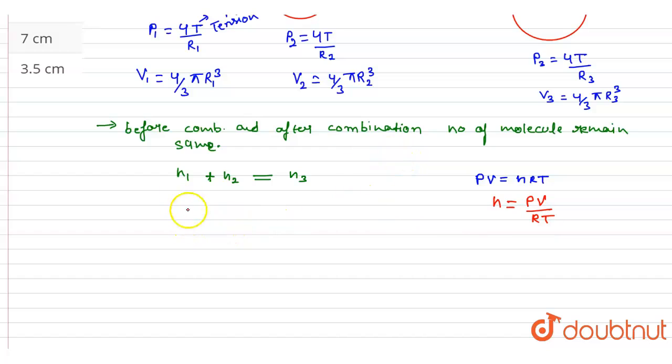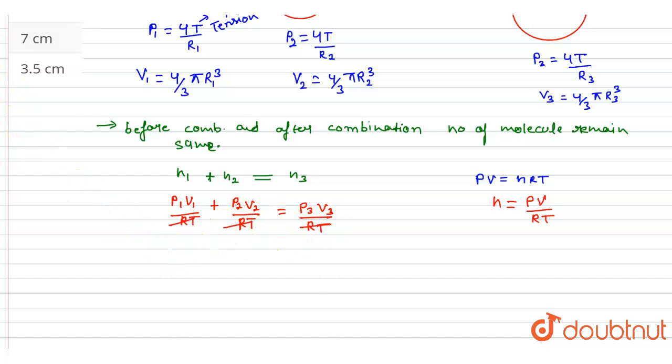So number of moles for first bubble is P1 V1 by RT plus similarly P2 V2 by RT is equal to P3 V3 by RT. You can easily say RT, RT, RT will cancel out.